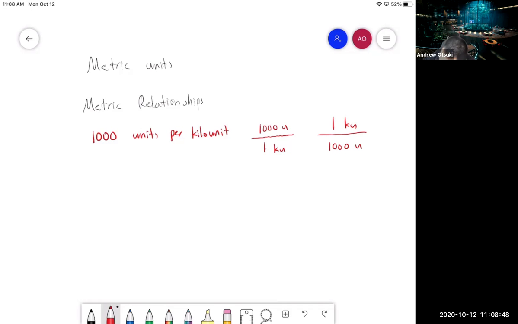Okay, then 100 centi-units per unit. These are the most common ones. We have 100 centi-units per unit and 1 unit per 100 centi-units.